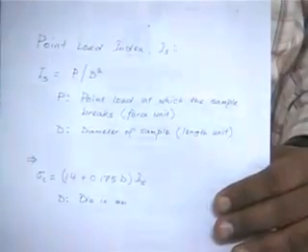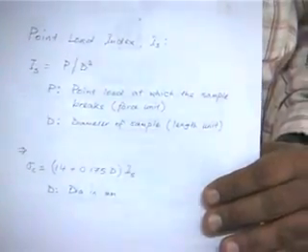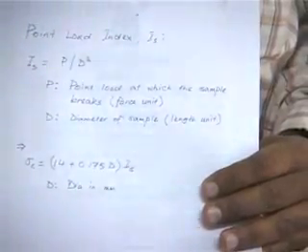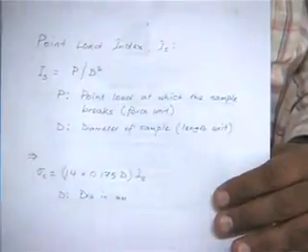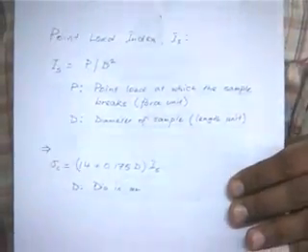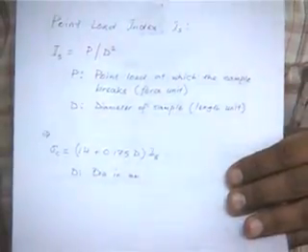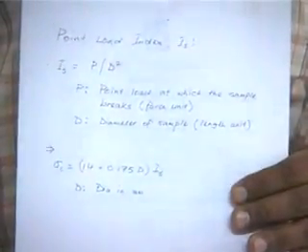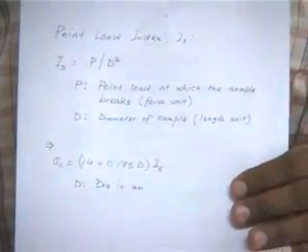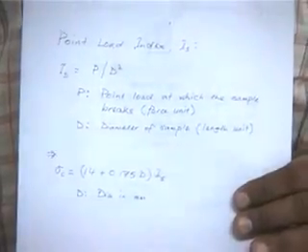Now, the calculation, to jog your memory, first requires calculation of the point load index I subscript s, given simply by P over D squared, where P is the point load at which the sample fails. That is going to be recorded in force units, although in the next little bit we will see that we are going to read it off a pressure gauge.